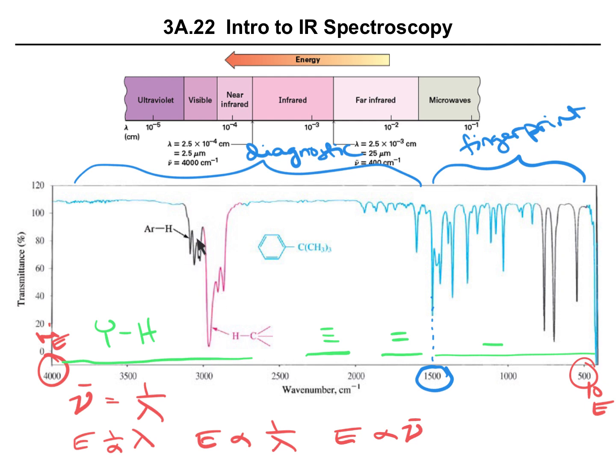So this one is a weaker signal and this one is a stronger signal. There's also going to be some features in terms of how broad or sharp a peak is. So all of these are pretty sharp signals, but we are going to see a few that are more broad. So there are several characteristics of peaks that we need to consider as we are interpreting IR spectra.